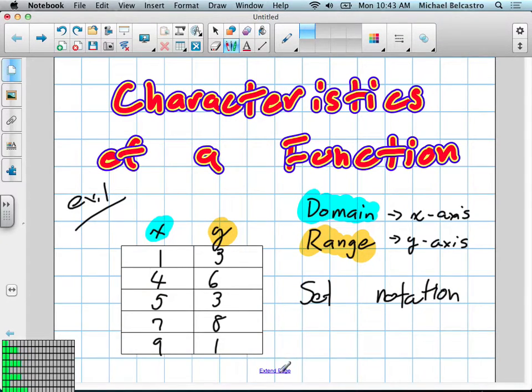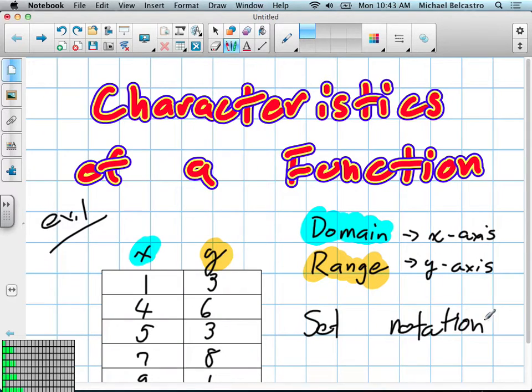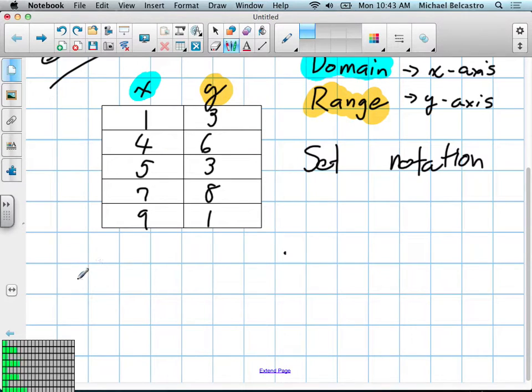And set notation kind of looks like this. You can write down domain, and I'm going to write domain beside it. It's not necessary to always write it beside, but it'll help us make sense of what we're doing to start. So our domain is set up like this. X, and we usually write as all real numbers.